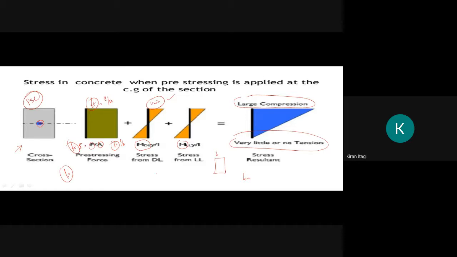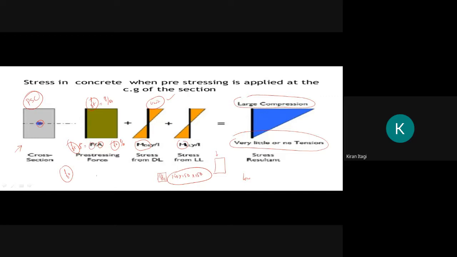So to determine the compressive strength, which experiment do you perform? You perform the cube test, 150 by 150 by 150. From that you will come to know the property of the concrete is that it is good in compression and weak in tension.